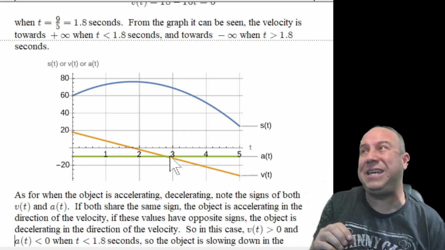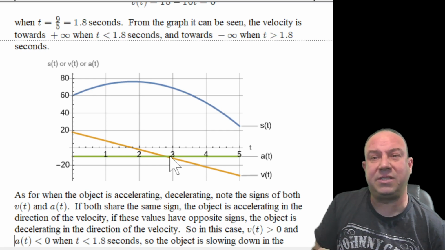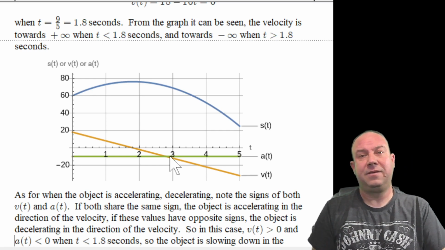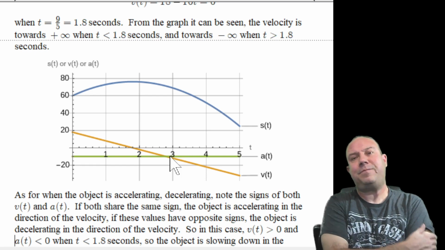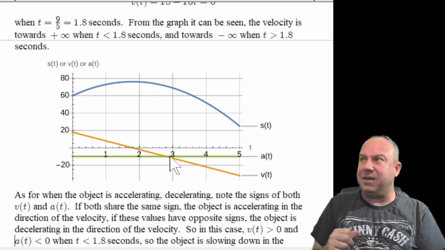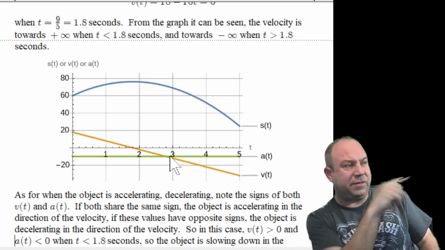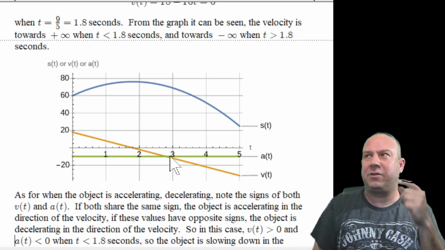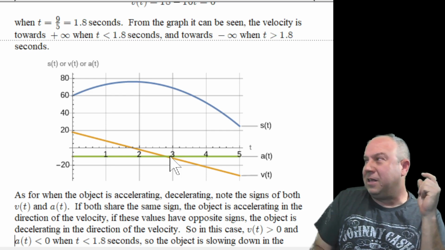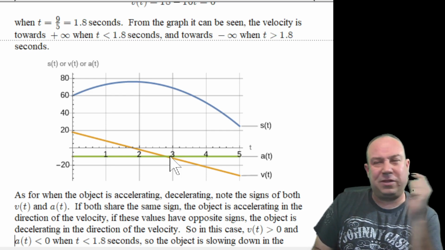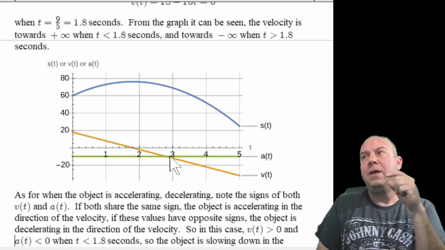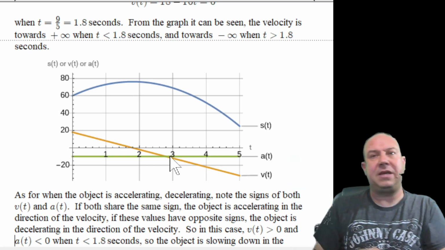We're actually speeding up, is how we would say that. They can both be negative and the object speeding up. The acceleration is back towards 0 and the velocity is back towards 0, and they're both working together to speed up the object.